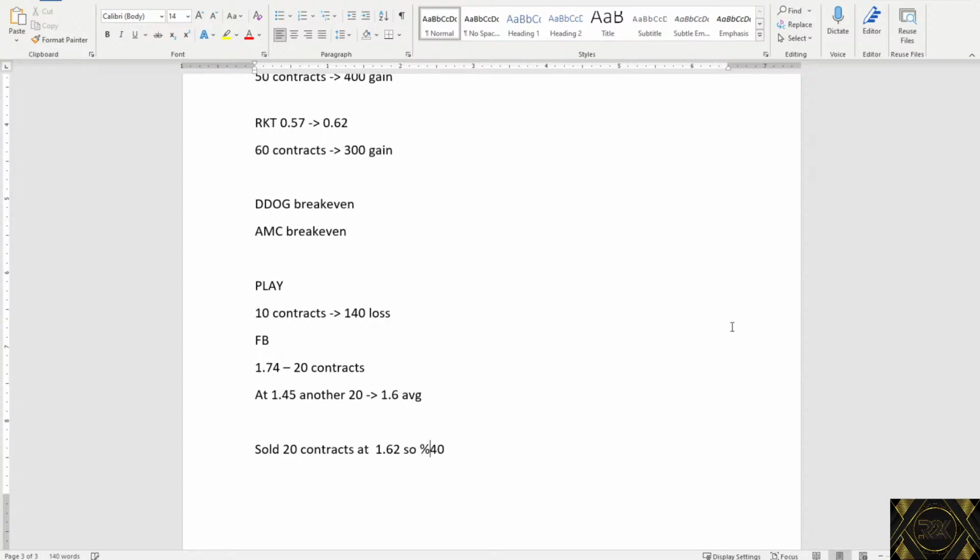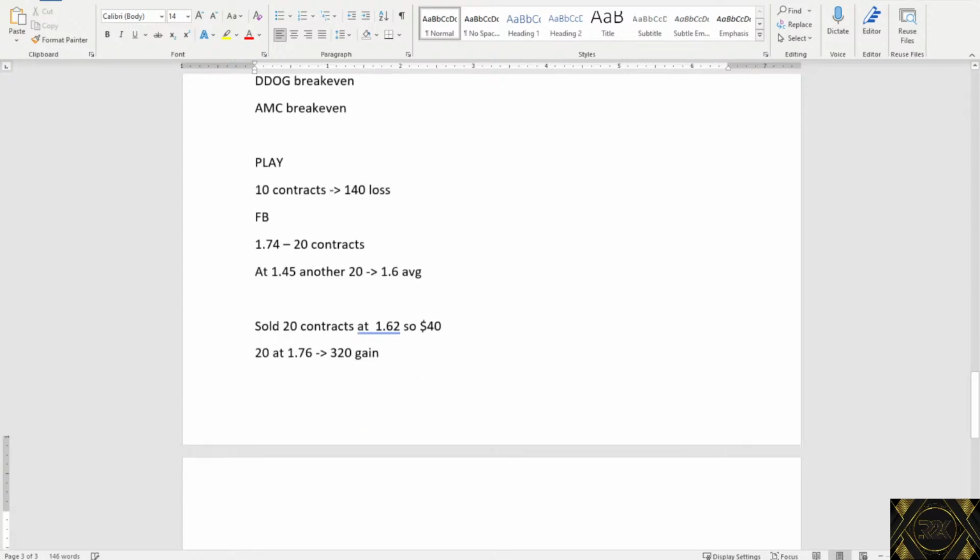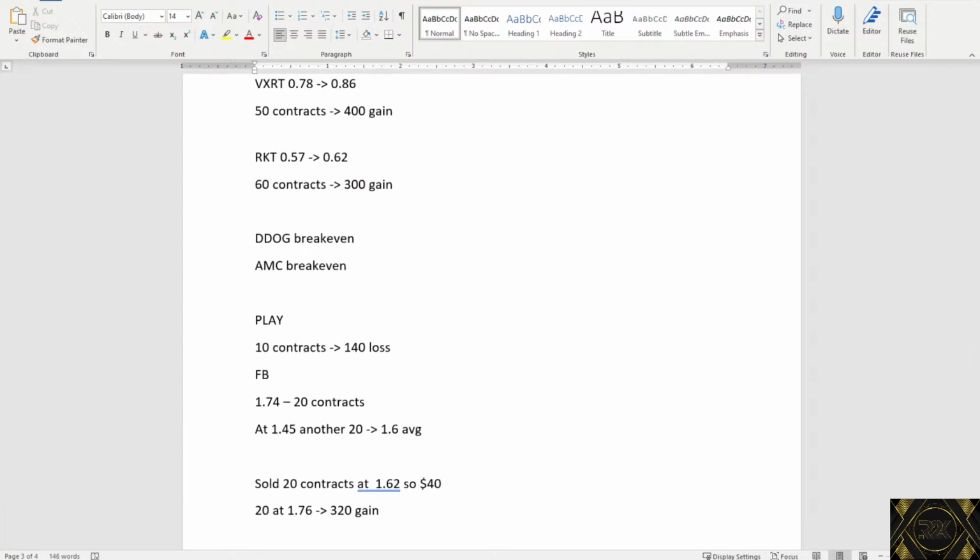And then the rest was at 1.76. So 20 at 1.76 gives about 0.16, or 16 times 20. That gives like a $320 gain. So overall that's like 360.